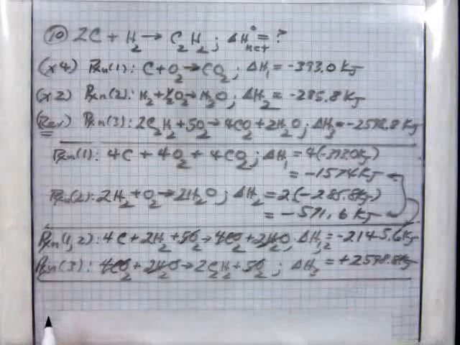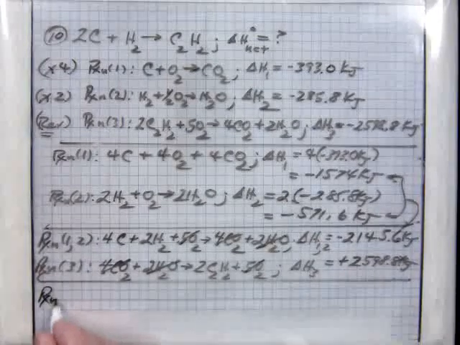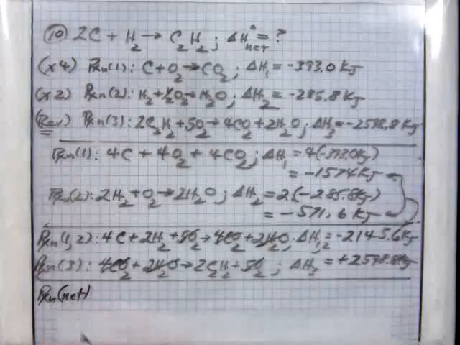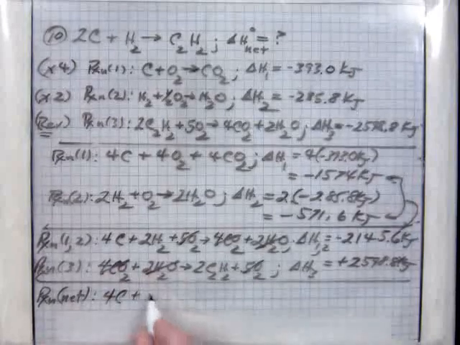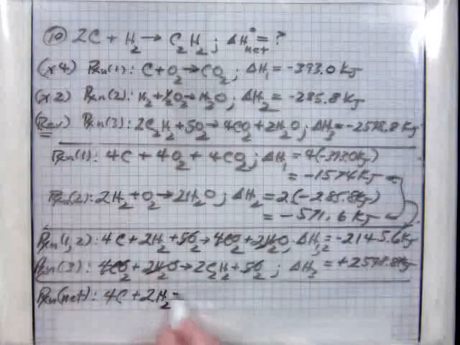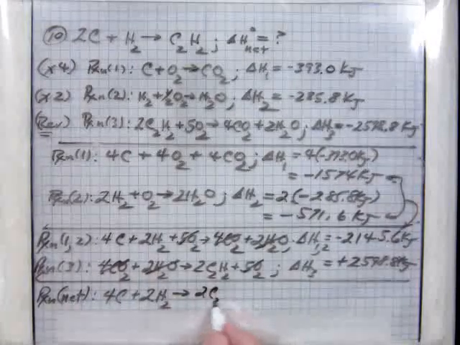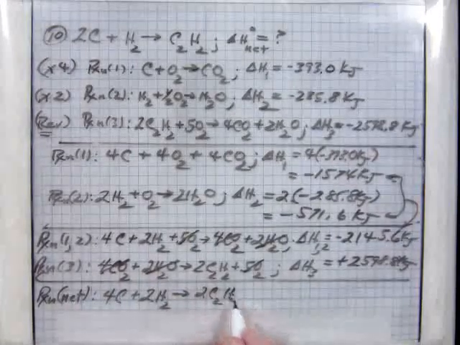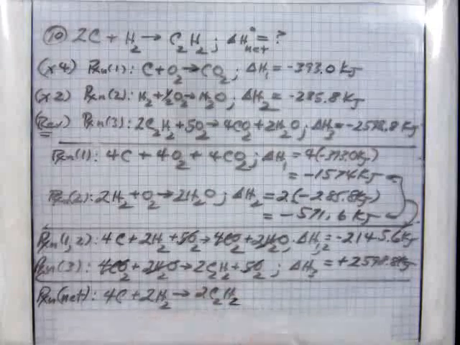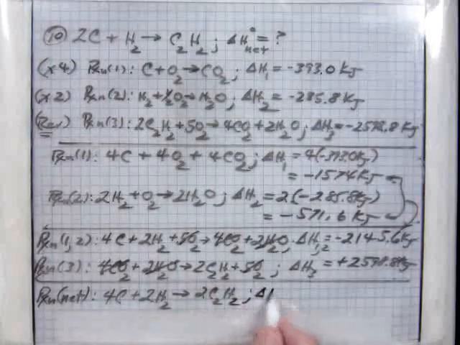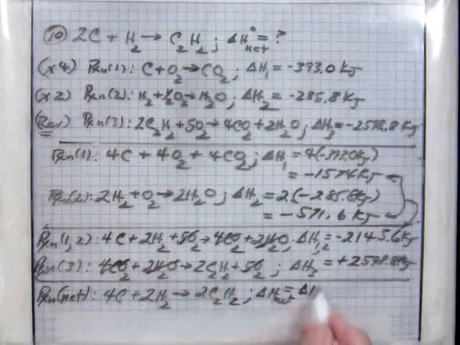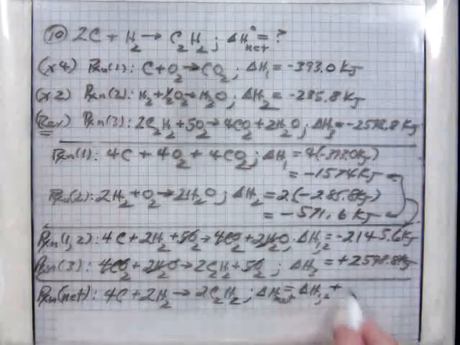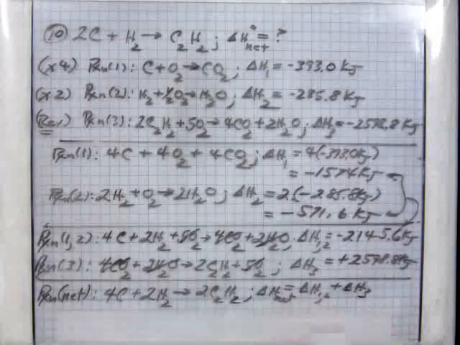So the outcome of this can be 4 carbons plus the 2 H2 goes to 2 C2H2, and the delta H net is delta H1 and 2 plus delta H3.